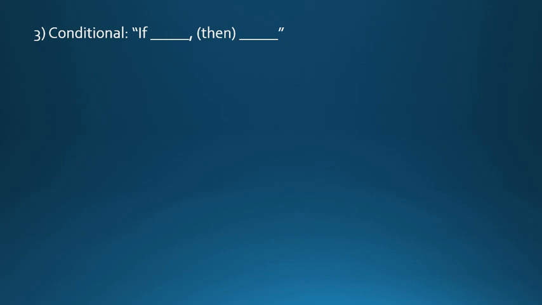The third way we can do this is with a conditional statement. If blank, then blank. If first simple statement, then second simple statement. The other way that you can write this is, blank if blank, and what would be going here is your second simple statement.